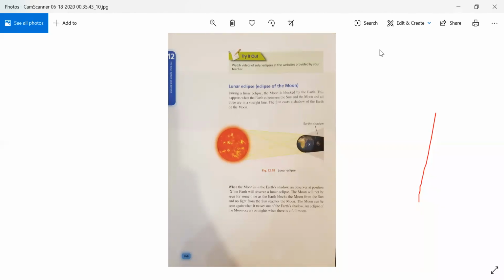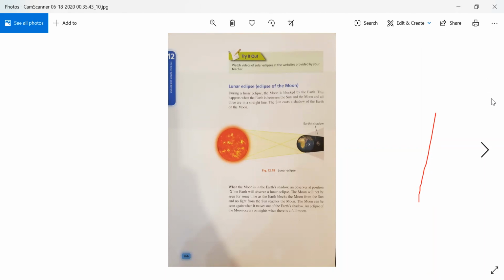The moon will not be seen for some time as the earth blocks the moon from the sun and no light from the sun reaches the moon. The moon can be seen again when it moves out of the earth's shadow. An eclipse of the moon occurs at night when there is a full moon.